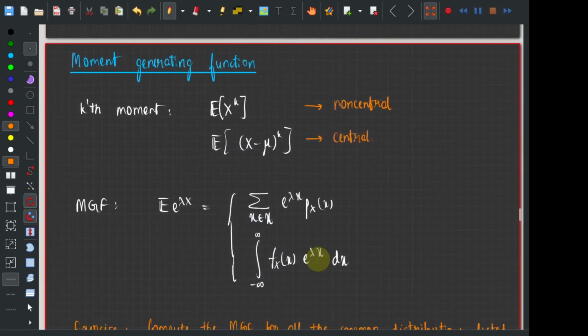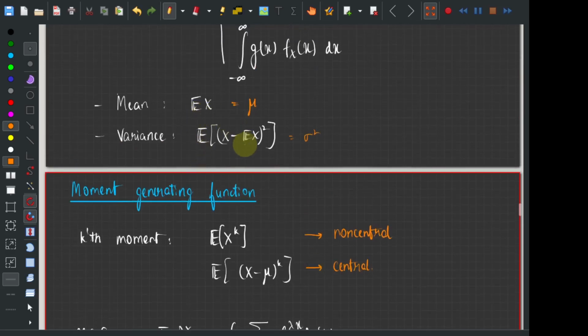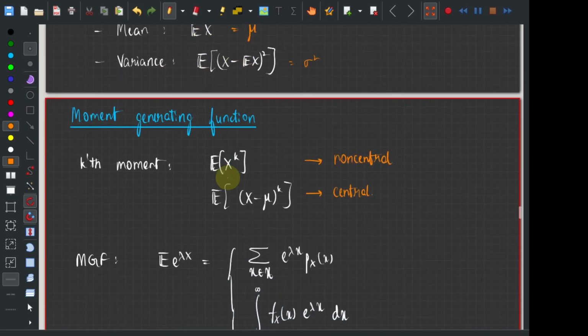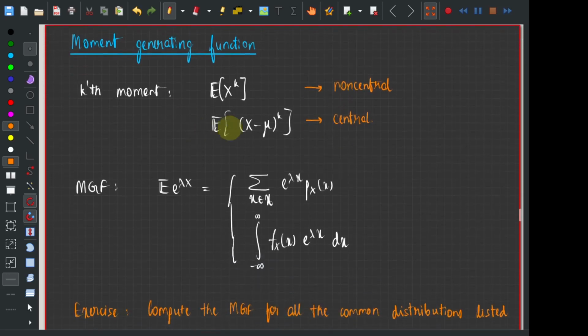Another key expectation that we will be interested in is the moment generating function. Just as we have the mean and the variance, you can define the kth moment as the expectation of x to the power k. This is sometimes called the kth non-central moment, and the expectation of x minus mu, the whole raised to the k, is the kth central moment.